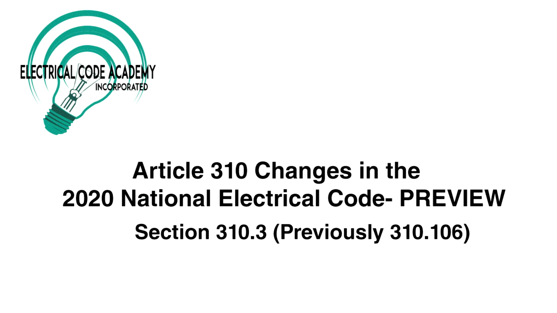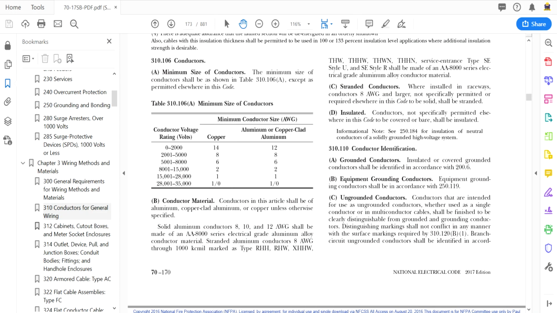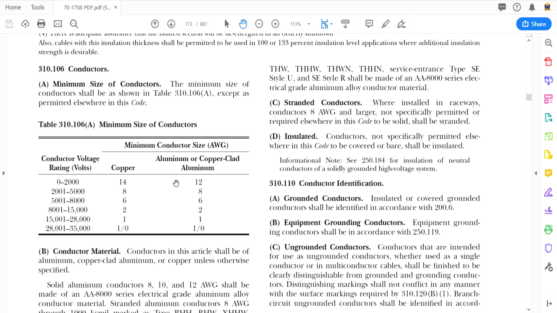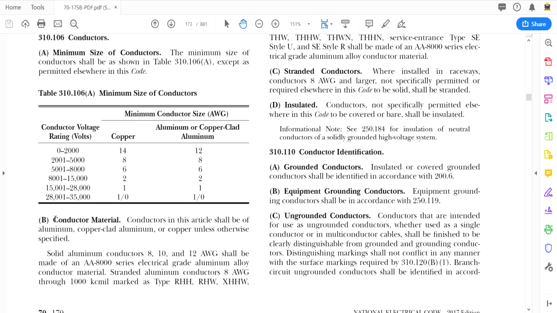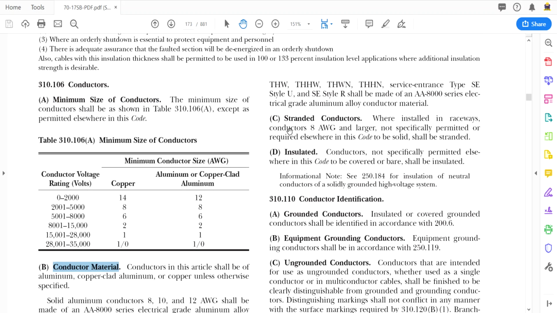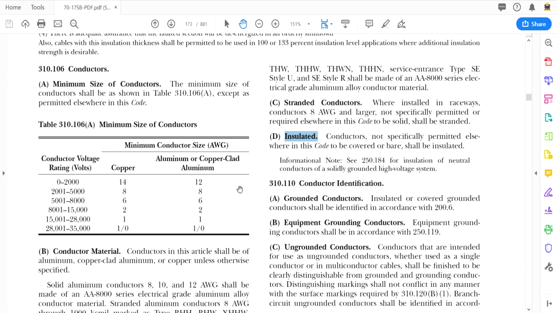So let's look at what we're talking about. This is the 2017 National Electrical Code, and you'll see that 310.106 talks about the minimum size of conductors, conductive material, stranded conductors, and insulated. None of that information technically changed.